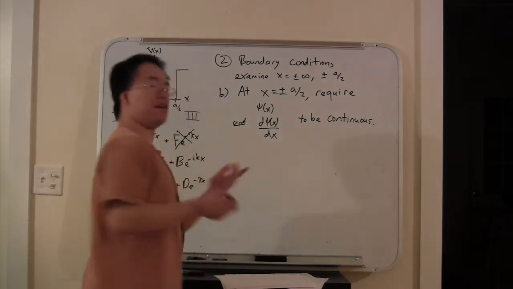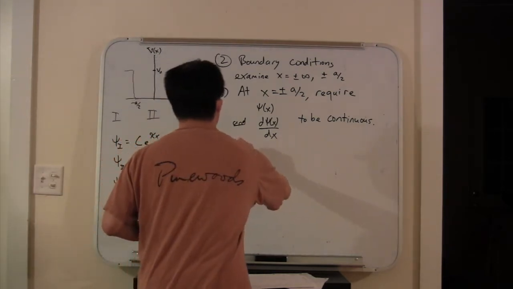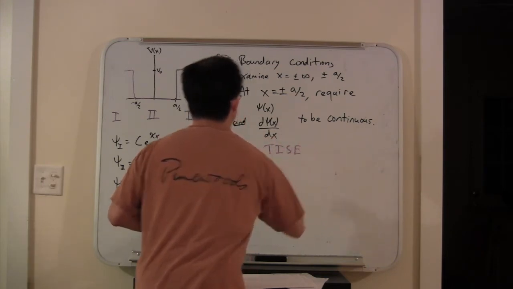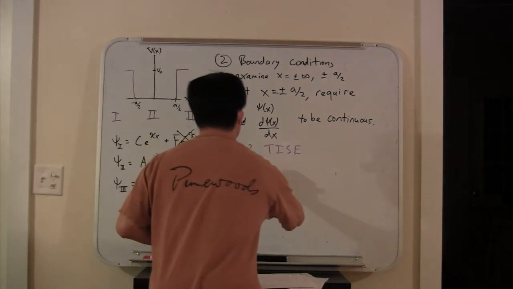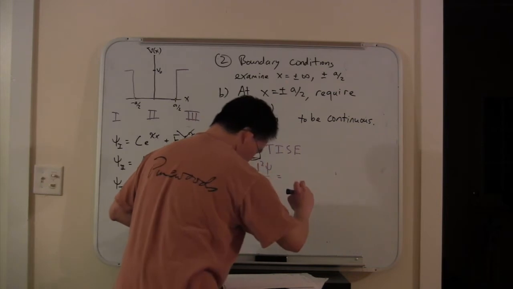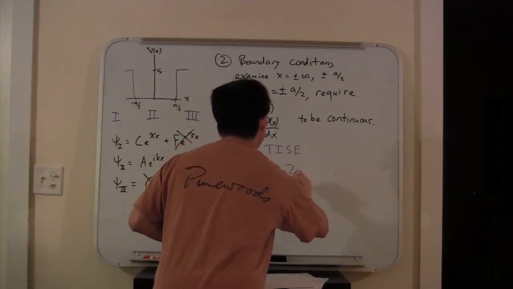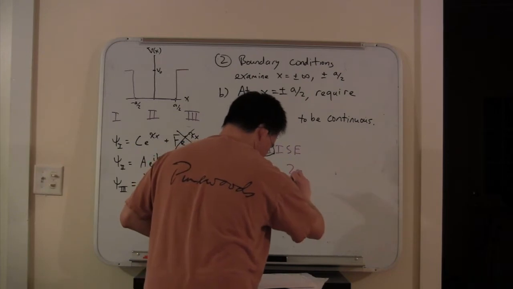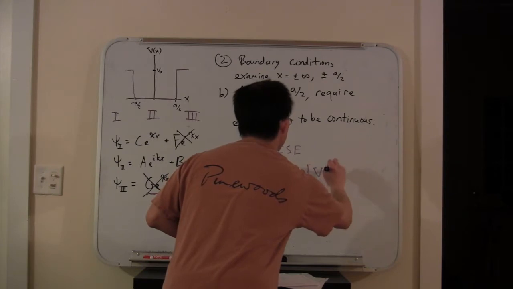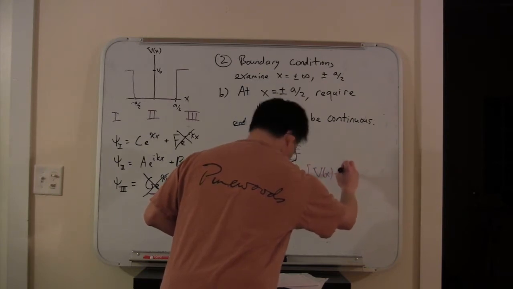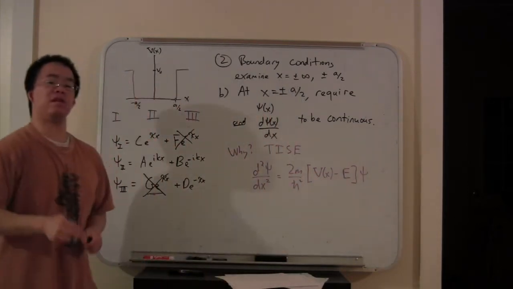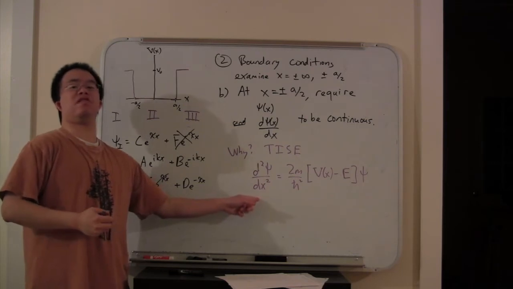Just like we did previously, the TISE gives us d squared psi dx squared equals 2m over h bar squared times V minus E times my wave function.